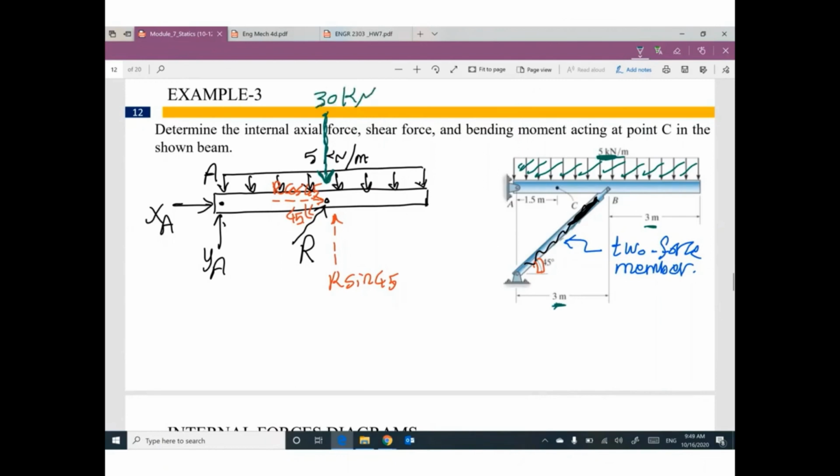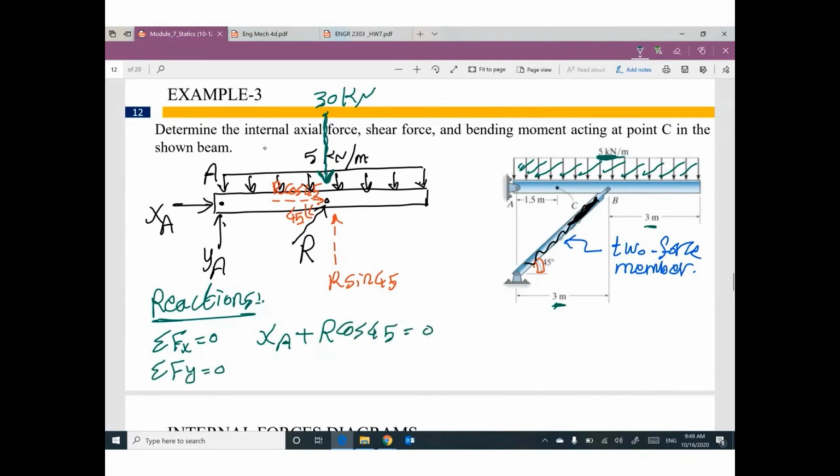Go ahead and figure out the reactions. Summation f of x equals 0, so XA plus R cosine 45 equals 0. Summation f of y equals 0, so YA plus R sine 45 minus 30 equals 0. Take moment at A equals 0, assuming this direction is positive.